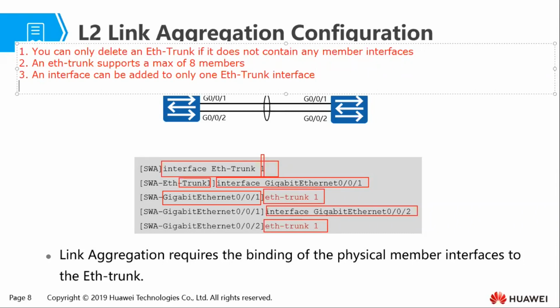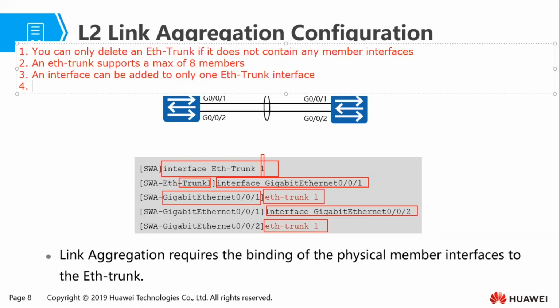Right now, we've added G0/0/1 into ETH trunk 1. If we wanted to add G0/0/1 to a different Ethernet trunk, maybe ETH trunk 2, we will need to remove it first. We'll need to remove it from ETH trunk 1. So I hope that is clear.